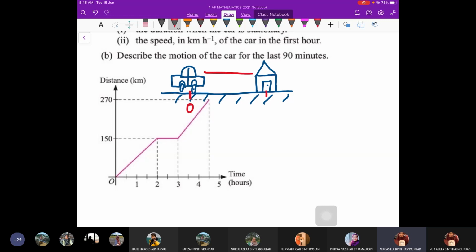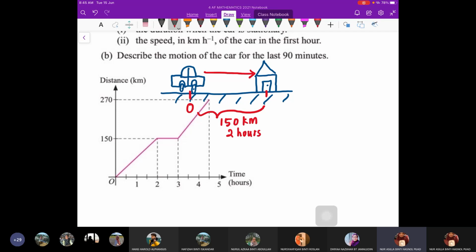Pergi ke point. Tak tahulah point apa ni. So dia bergerak ke hadapan dan dia berhenti. So jarak yang dia cover kat sini 150 km. Okay, dia ambil masa 2 jam. 2 hours.